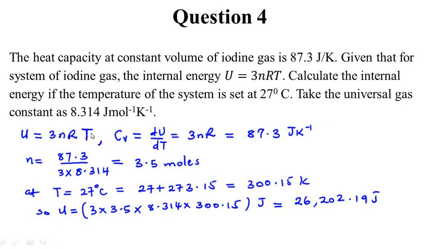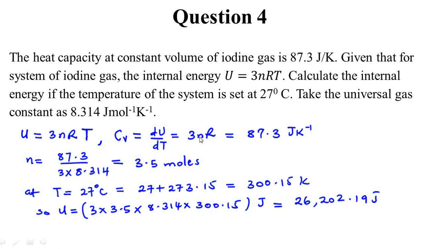So 1 times this constant leads to this. And if we are already given that the heat capacity at constant volume, CV, which is found by this differential, is 87.3, it means 3nR is equal to 87.3 joules per Kelvin.